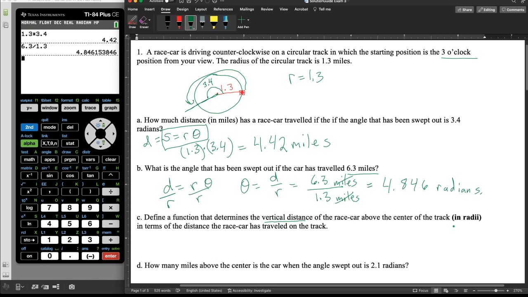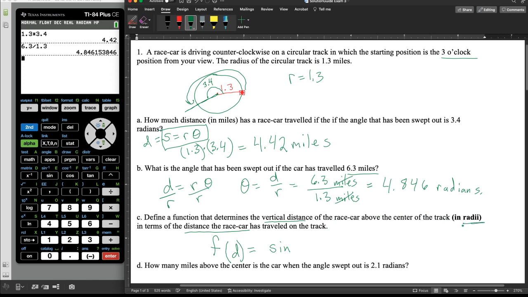So let's do a function, in terms of the distance the car has traveled. So we're traveling a distance. And what's the vertical distance above the center of the track? That's going to be sine.